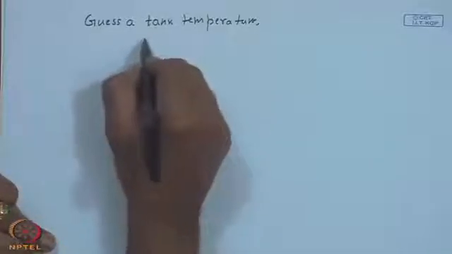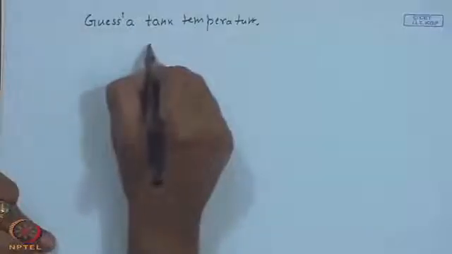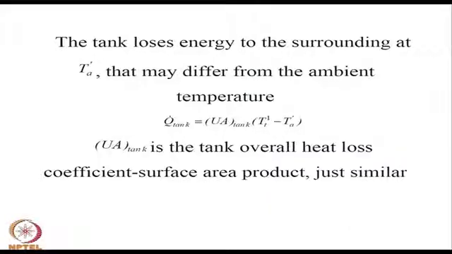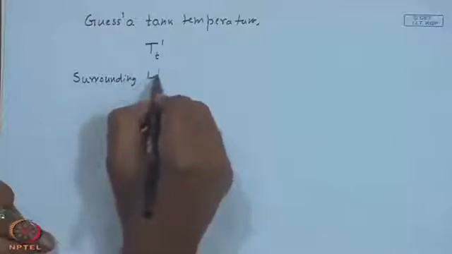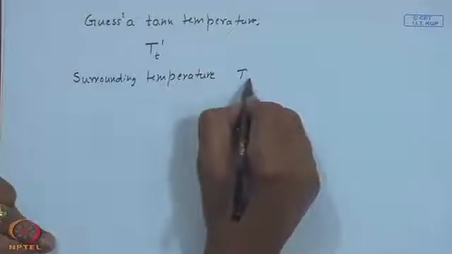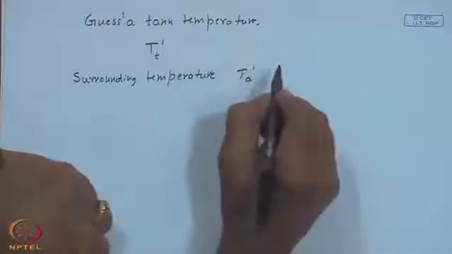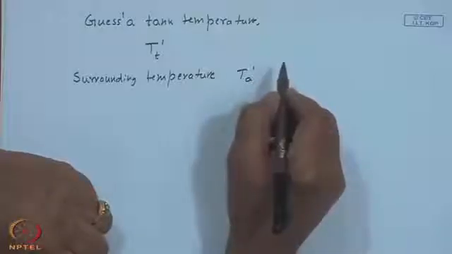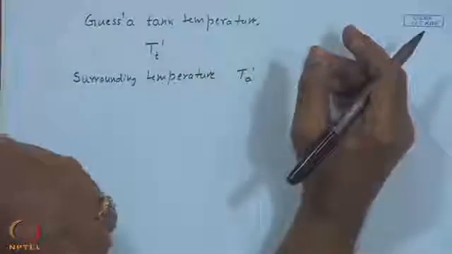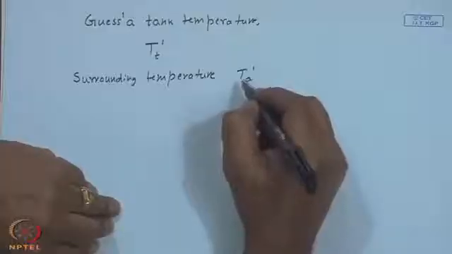So, this I will call guess 1 and let this be T T 1, and the surrounding temperature may be T A dashed. Please note that this may be different from the ambient temperature, since many times the storage tank can be in the basement and the basement temperature, if it is heated, could be quite different from the ambient temperature. So, to keep it general, we will call it T A dashed.